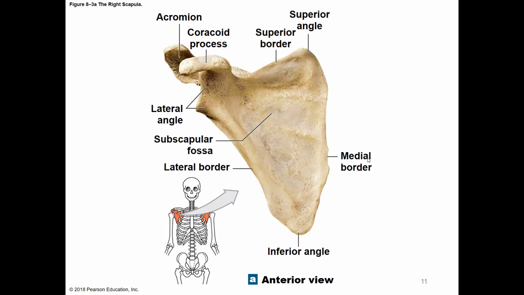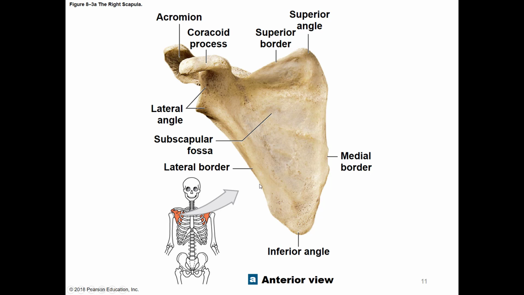So here's our scapula, and you can see that it is quite flat. If you remember from Chapter 6, it was designated as a flat bone. And over here we have a socket, and we'll look at it head on in just a second, but that socket is where the humerus, or upper arm bone, is going to pop right in.